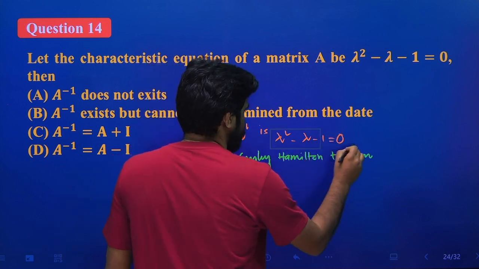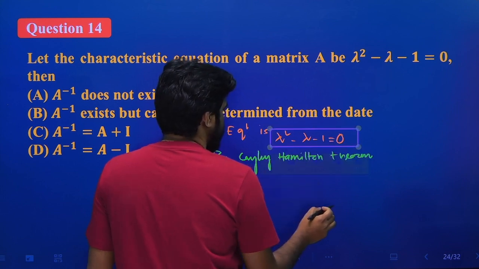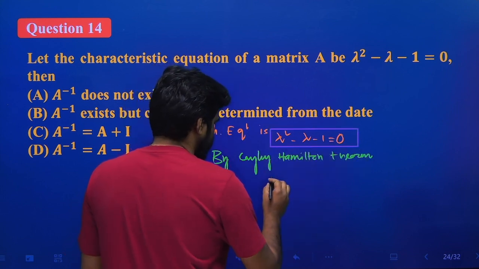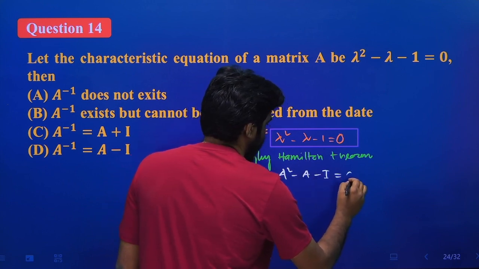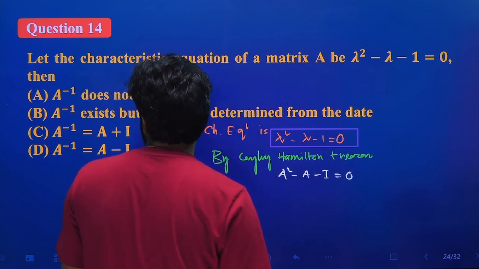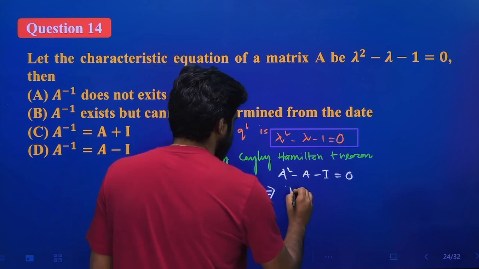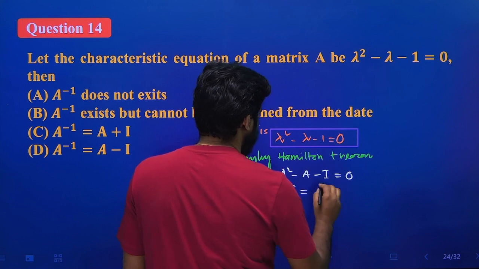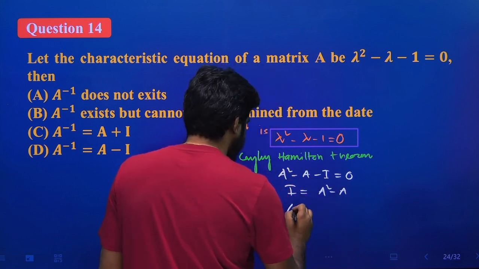This is the characteristic equation. So the Cayley-Hamilton theorem states that every square matrix satisfies its own characteristic equation. That means A squared minus A minus I is equal to 0. So we have to find A inverse. So this implies I is equal to A squared minus A. Just multiply both sides by A inverse.